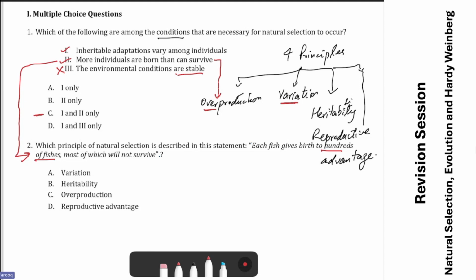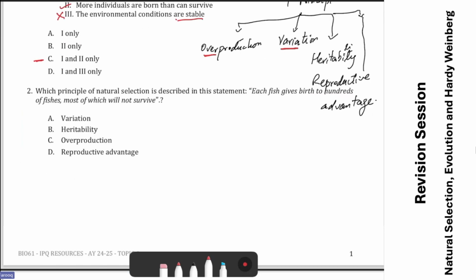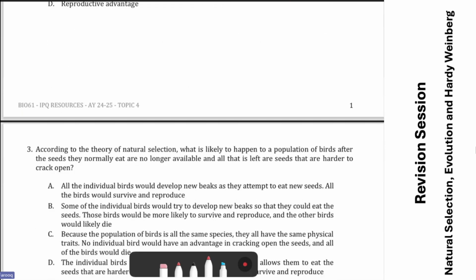Variation, you should have some variety. Heritability, they should have the ability to transfer the characters to the next generation. Overproduction, they produce more offspring than can survive. And the reproductive advantage is that whoever survives, they reproduce and pass on the best fit alleles to the next generation. So 2 questions till now where they gave you an idea of the 4 principles of natural selection.